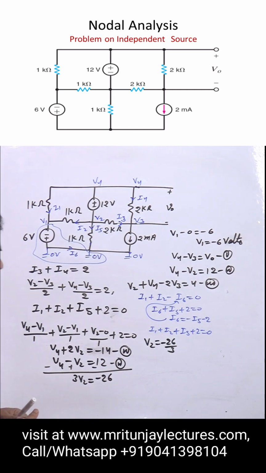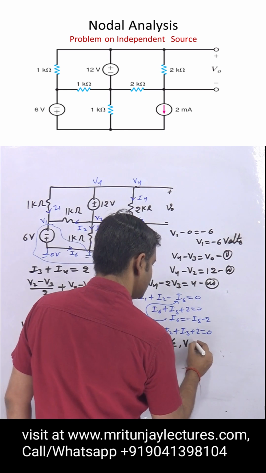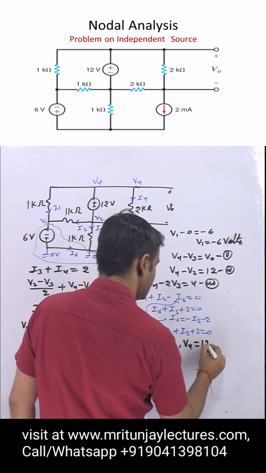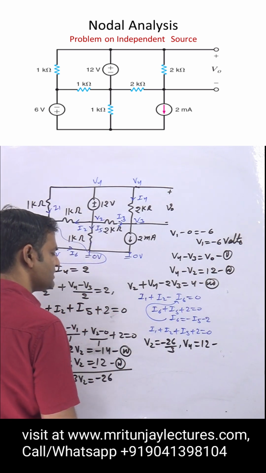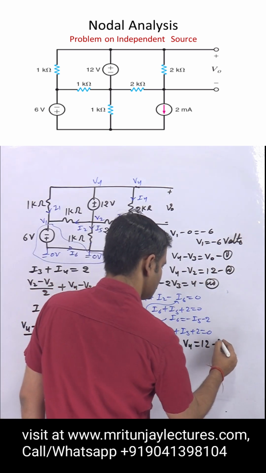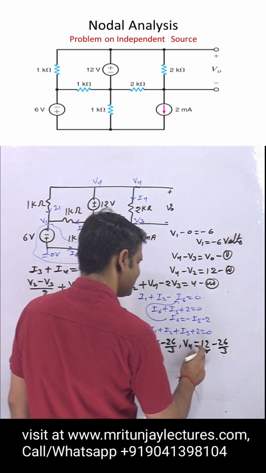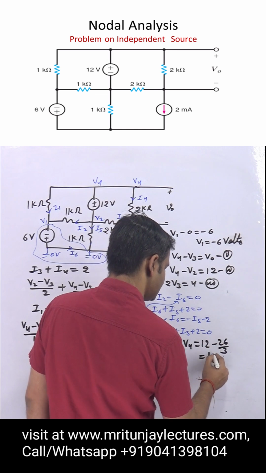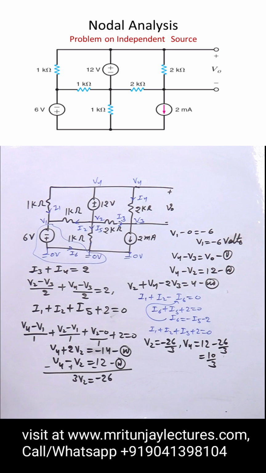Okay. And what about V4? V4 is written as 12 plus V2, meaning 12 minus 26 by 3, that is 10 by 3. So V4 is 10 by 3, V2 is minus 26 by 3.